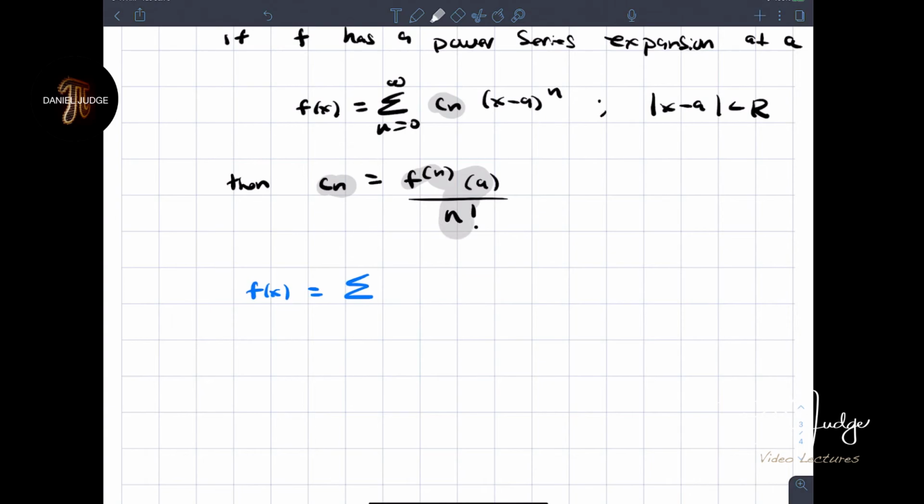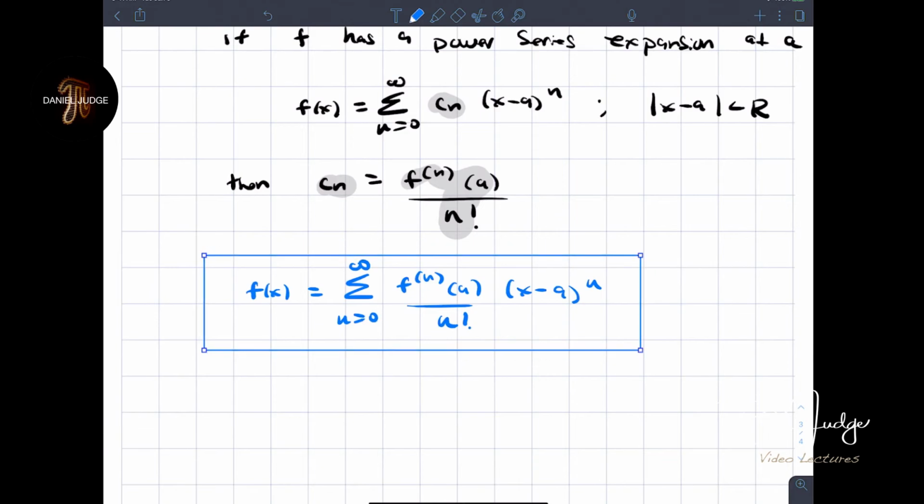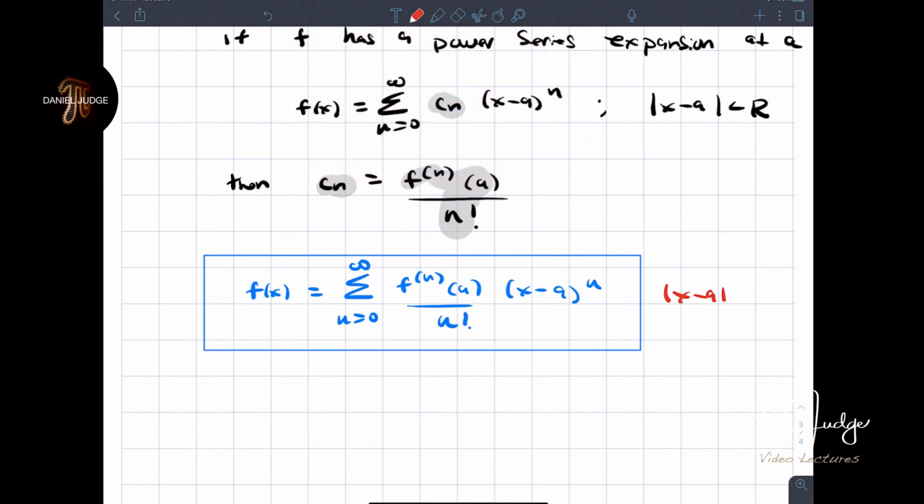And the answer is yes. And so you have the nth derivative of a over n factorial, (x minus a) to the n, where n goes from 0 to infinity. And of course, we have this interval of convergence still, described this way.